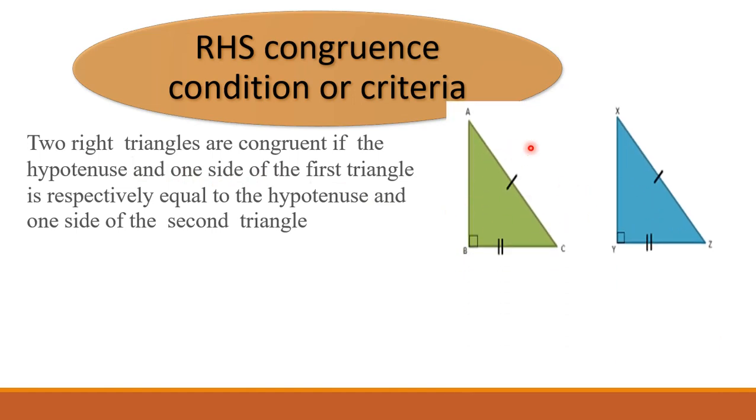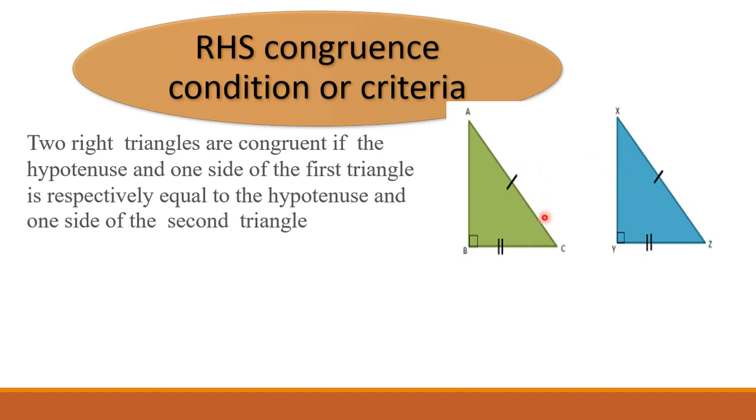So for example, we have triangle ABC and triangle XYZ. We can observe in this figure that side AC is equal to side XZ and side BC is equal to side YZ, and angle B and angle Y are both equal to 90 degrees, as the triangles are right triangles.